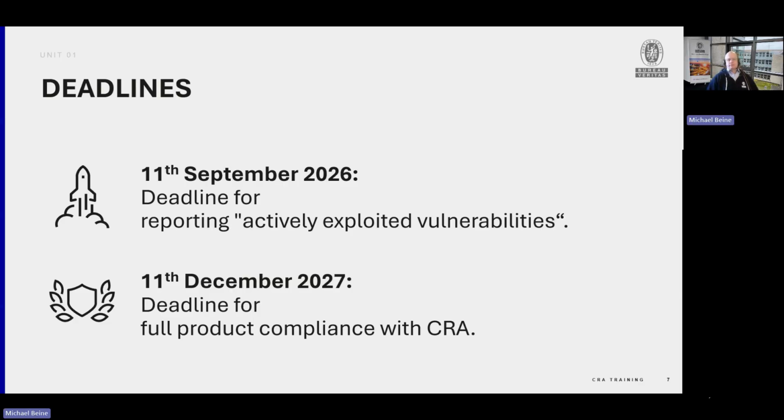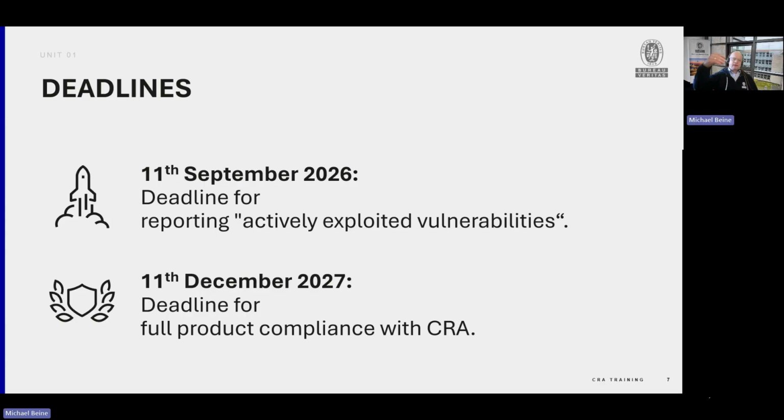If you become aware of this, you need to report this to the European agency, ENISA, and to the local organizations, the CSIRTs, in your country of main residence or main activity. The whole point of knowing about actively exploited vulnerabilities is to get situational awareness in the governmental organizations so that they know where something drastic is happening if they collect all these reports.